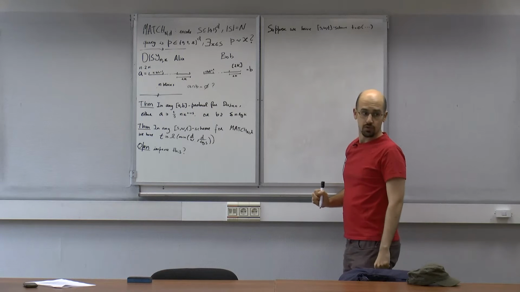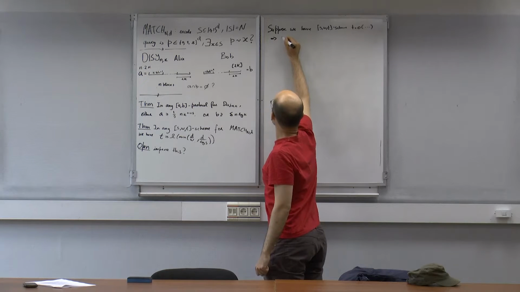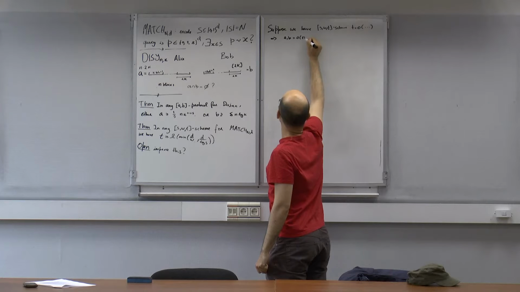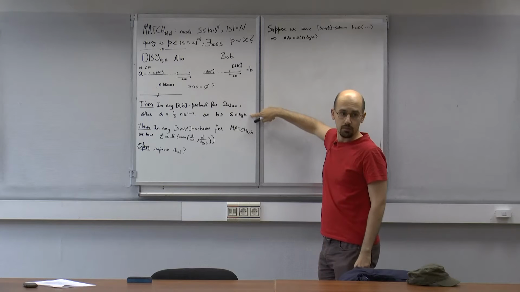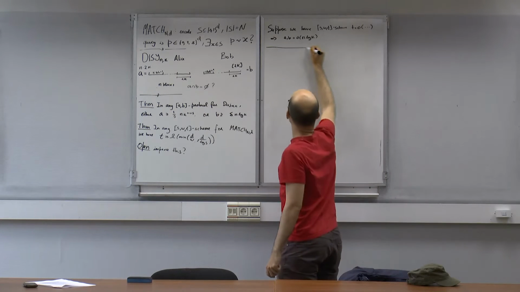Then we're going to build a protocol for disjointness where both A and B are little o of n log k, which cannot be, by our lower bound.